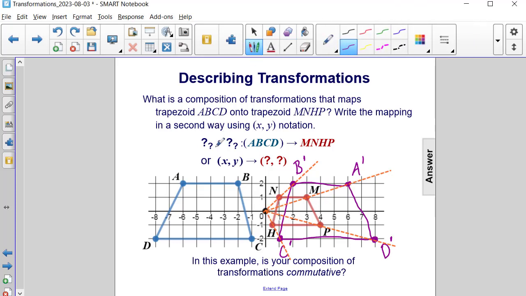So what we have done so far is first we reflected across the y-axis. You could also write it as a reflection across x equals 0. And we did that first, so that goes as the second part because the dot means after.